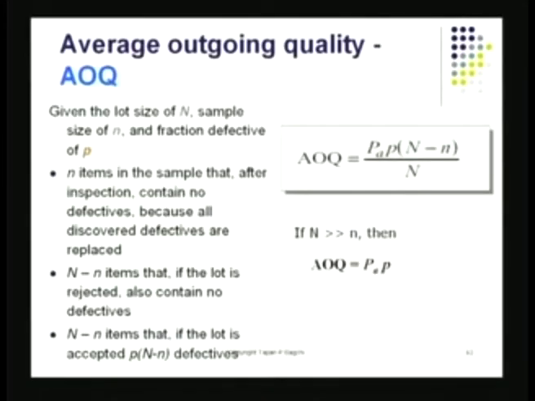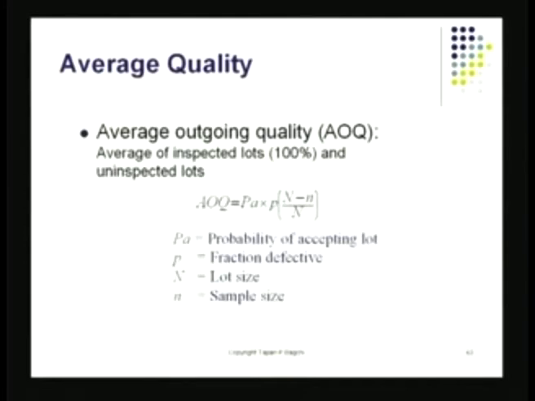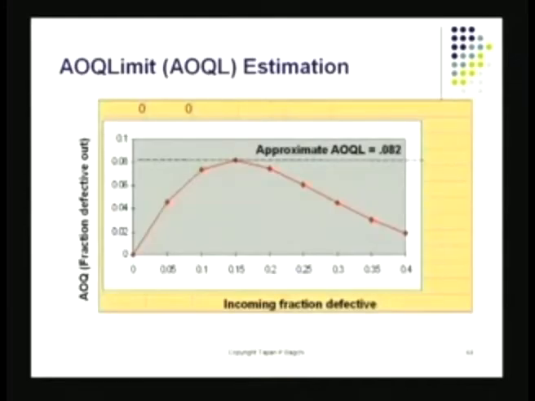These are the same calculations which are just shown here in different schemes. And here is an example of AOQL, and this AOQL was specified by the consumer. Therefore, he now gets 8.2% defectives in his items. That's the worst quality level he is going to experience if the same sampling plan is applied again and again.